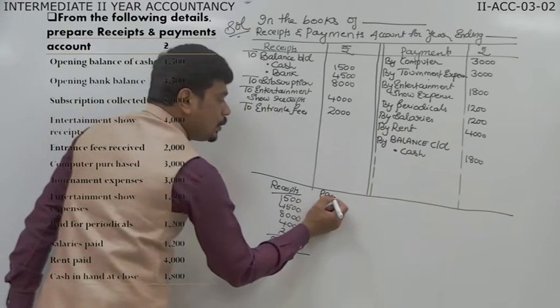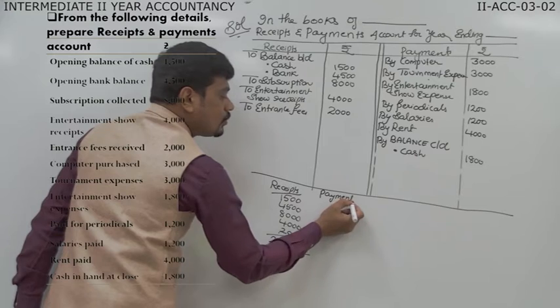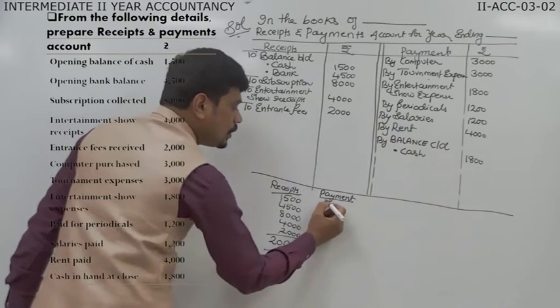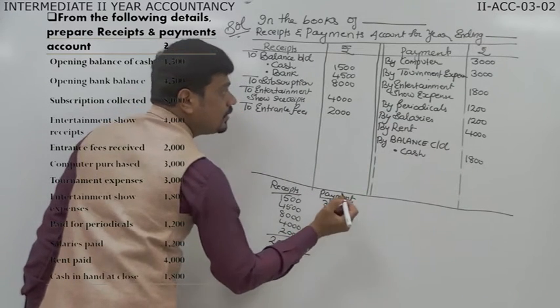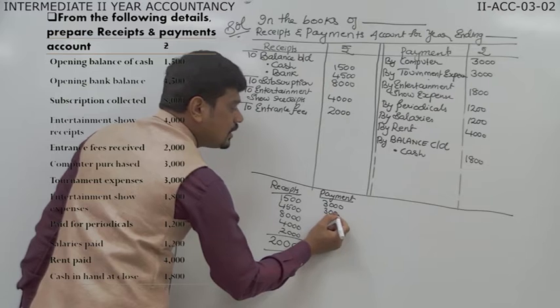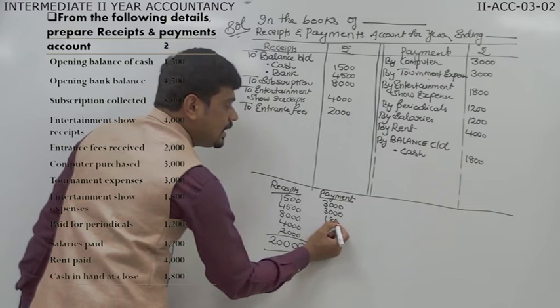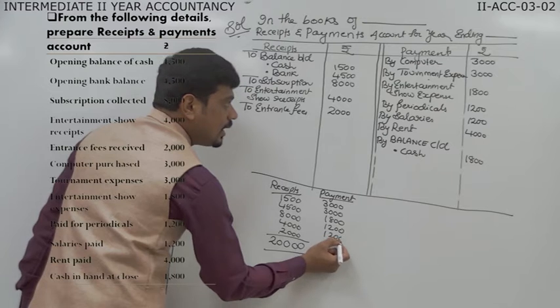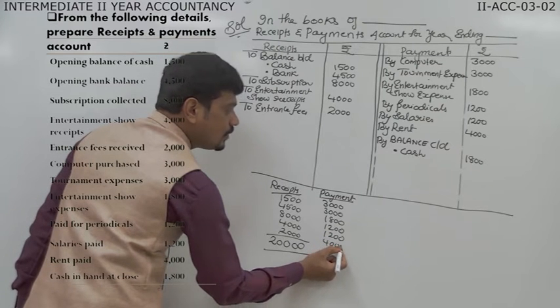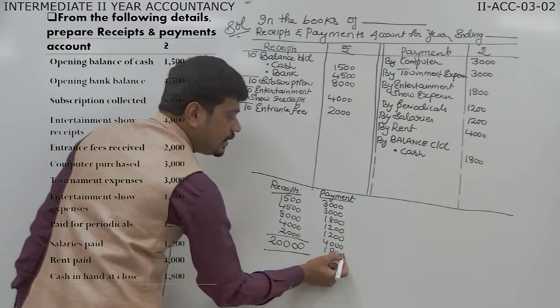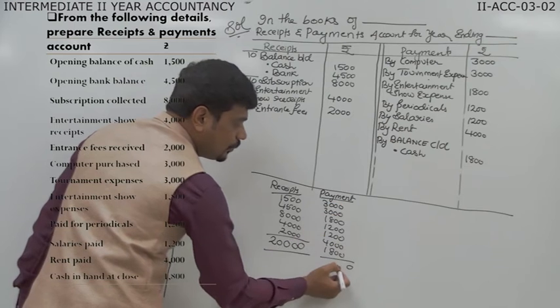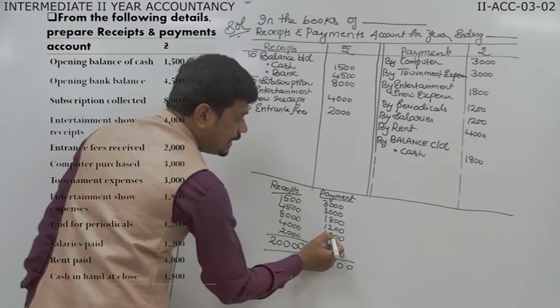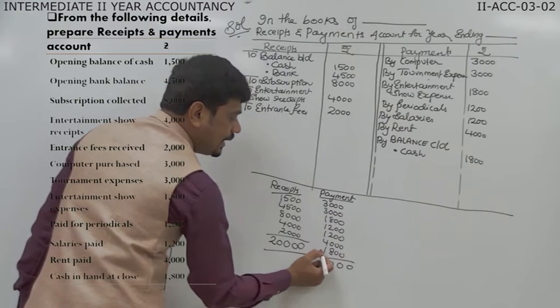Next to that, we'll do the payment total. So I'll write payments. Let us do the total: 3,000, again 3,000, 1,800, 1,200, 1,200, 4,000 and 1,800. Adding: 0, 0, 8, 9, 10, 11, 12 plus 8, 20.